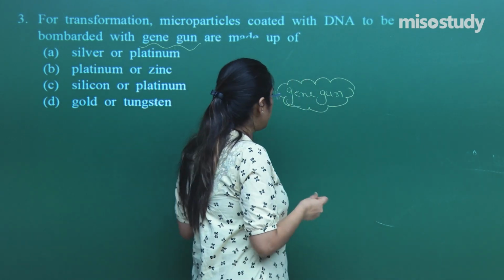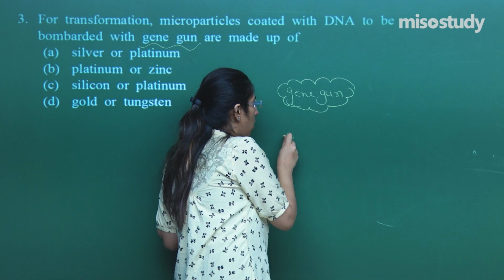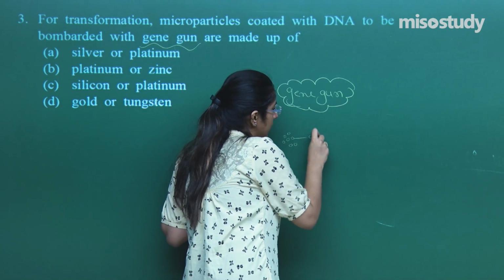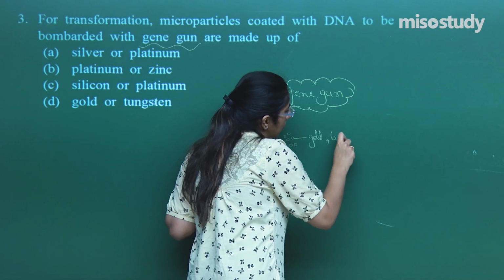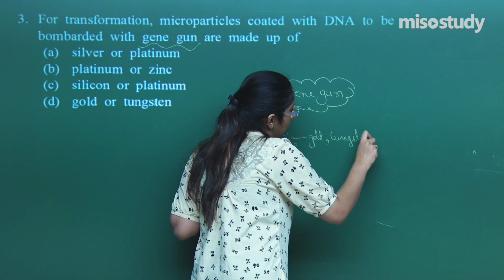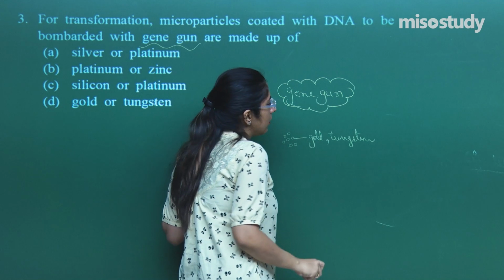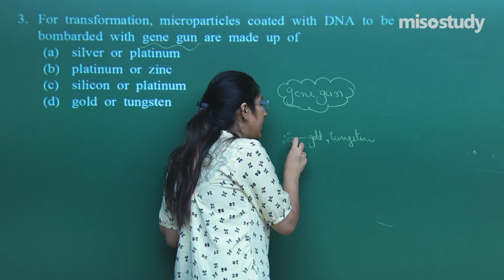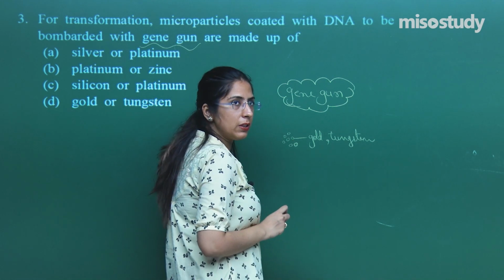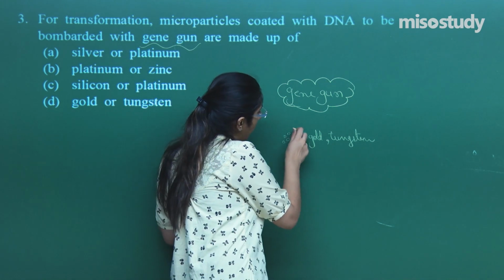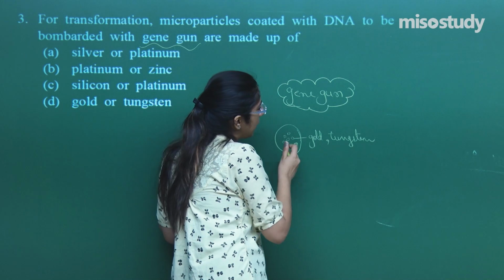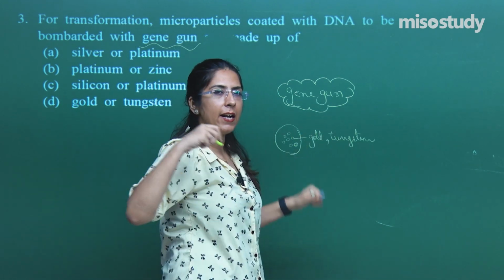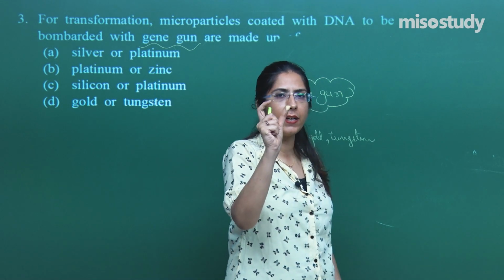In this, we take small beads of metals, basically gold and tungsten. Those gold and tungsten particles are coated with the DNA of interest, those sequences of interest. I bombard these particles, the gold and tungsten particles, at a very high speed to our target.